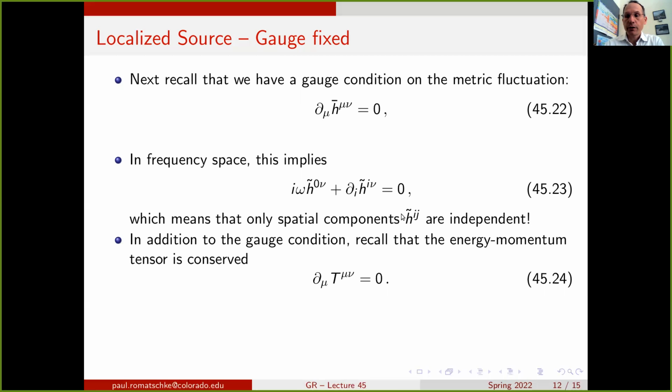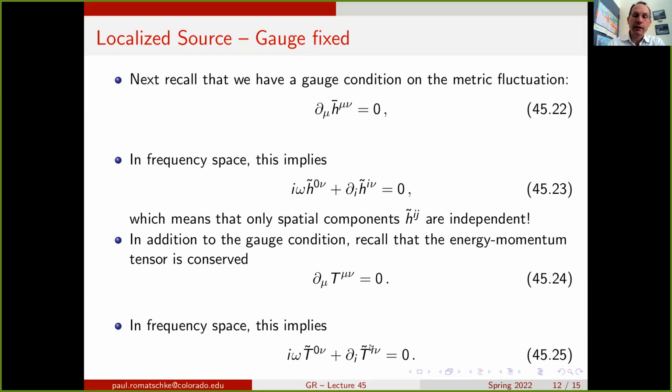Now that we have, in addition to the gravitational field, also matter, recall that there's a similar looking condition for the energy momentum tensor. This is not a gauge condition. This is just a statement saying that energy momentum are conserved. We can also convert this to frequency space, and we find again that the spatial components can be expressed in terms of the time or frequency components, or the other way around.